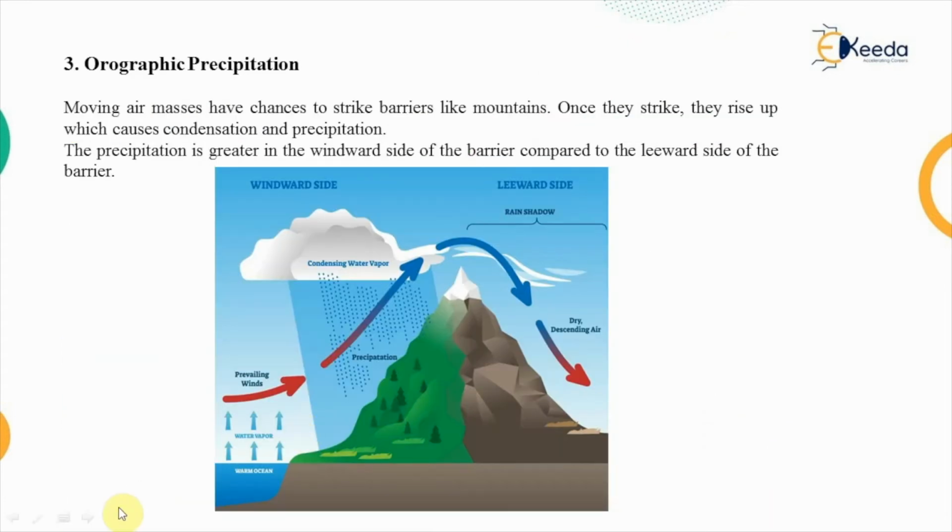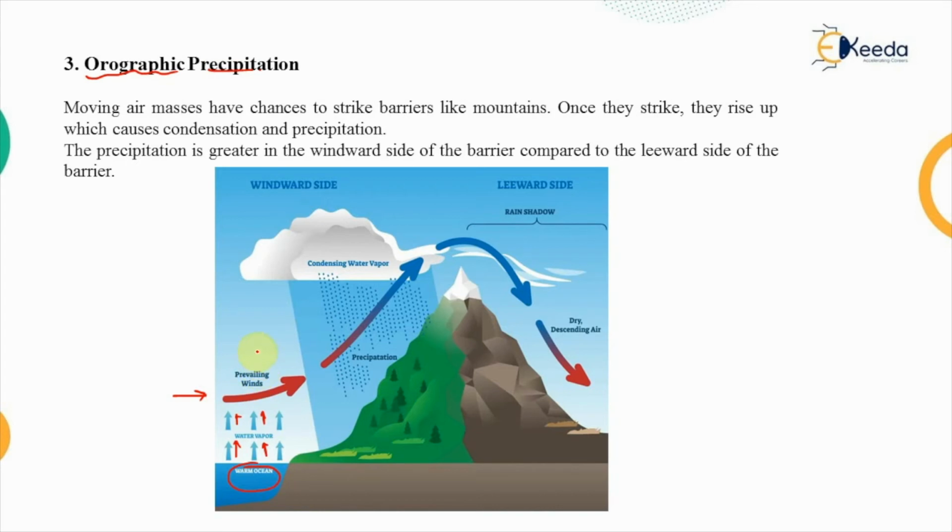Then the next type of precipitation is known as orographic precipitation. Now what is this? When the air masses are moving, for example, you can see here this is the ocean, which is getting certain evaporation. Now these evaporated vapors will be lifted up because of the wind moving in the atmosphere.